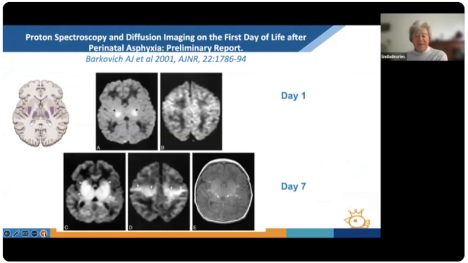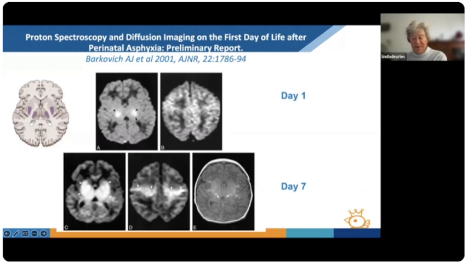What is really important is that you don't do your MRI too early, because this is a very old paper from Jim Barkowitz from 2001. And we see on the top, it was performed on day 1, and you see only diffusion restriction in the thalami and nothing else.